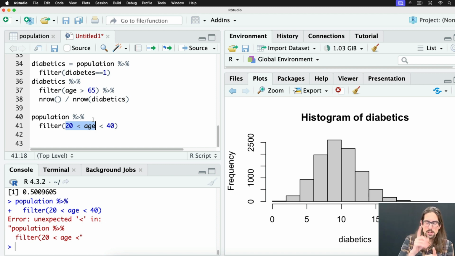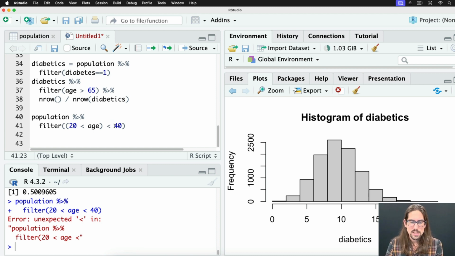The age column is some continuous value, and it says, is that greater than 20, yes or no? The result of that expression is going to be a column of trues and falses. And then you're asking which of those trues and falses is less than 40. So that's not really what you want.